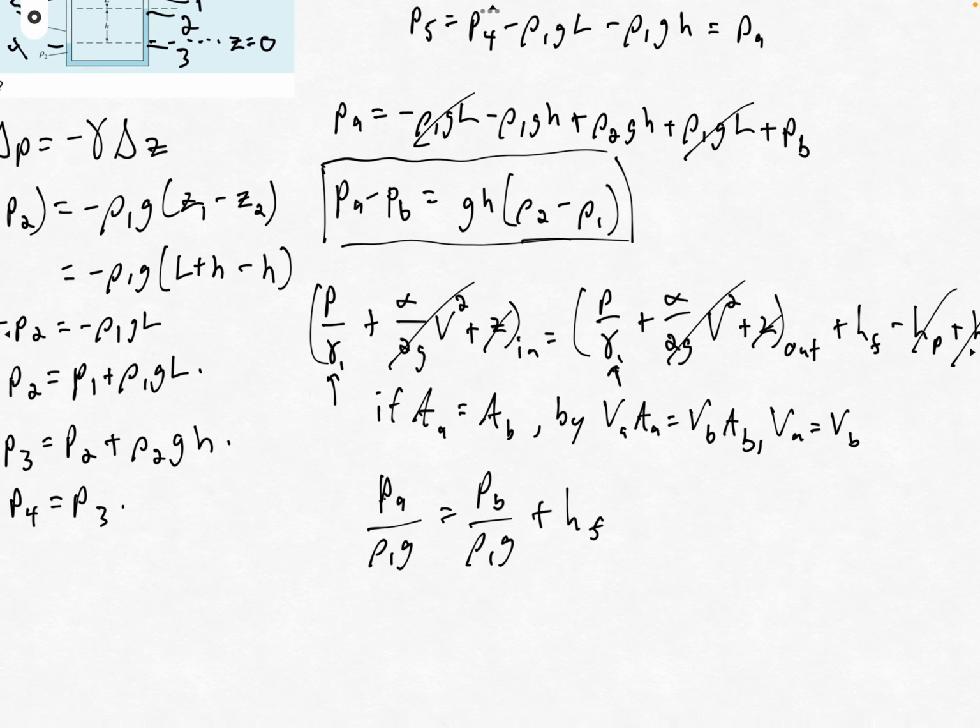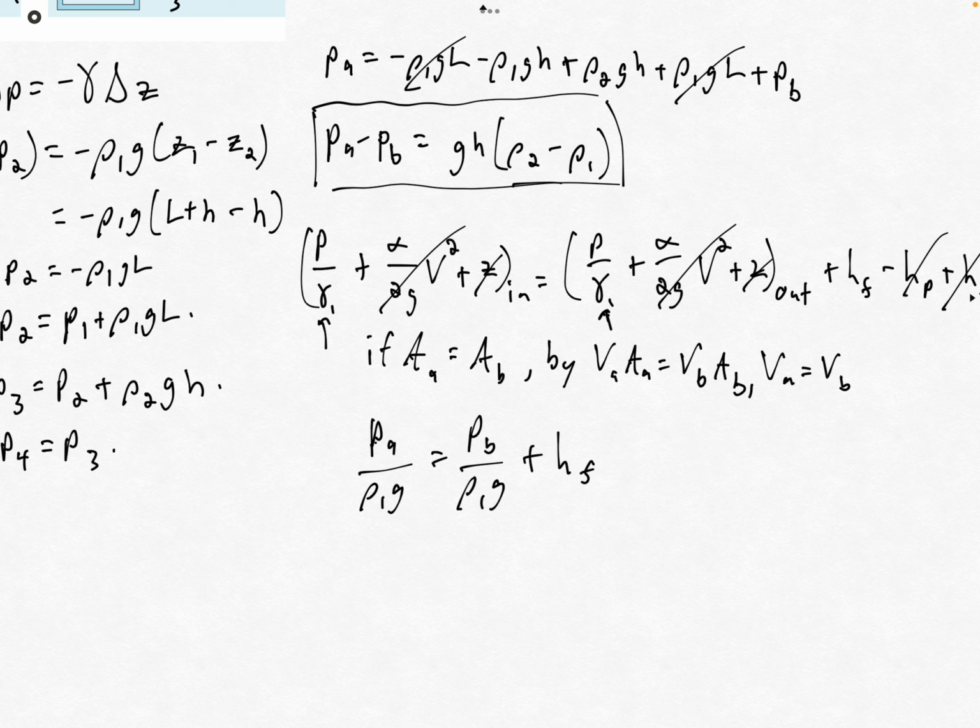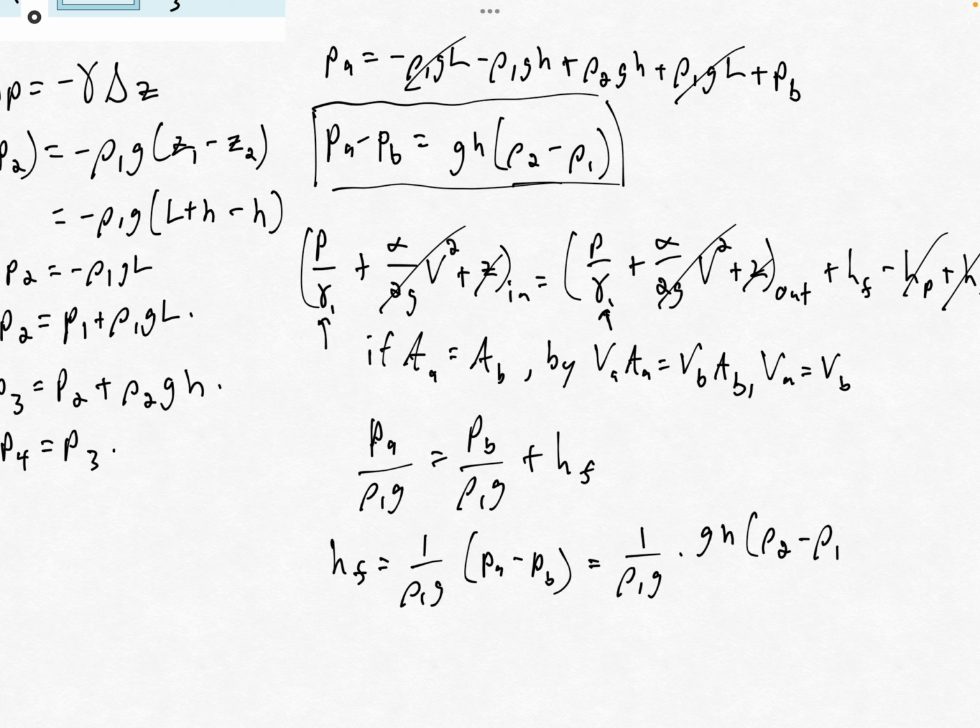And so we can rewrite this now as HF is equal to 1 over rho 1 G times PA minus PB. And we have an expression for PA minus PB just given right up here. So if we plug that in, we get 1 over rho 1 G times GH times rho 2 minus rho 1. G drops out.